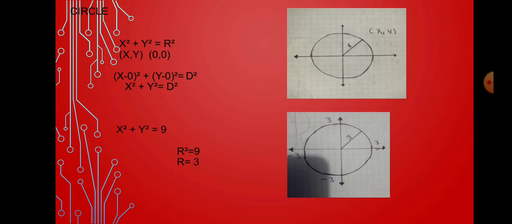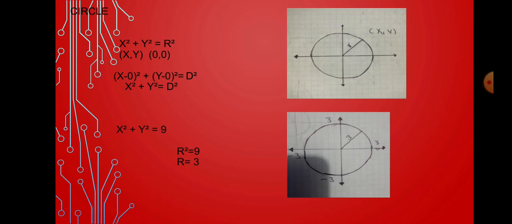That is to say, these are all the points of the plane that, if you add the squares of their coordinates, give you a fixed, constant number, and that is r squared.